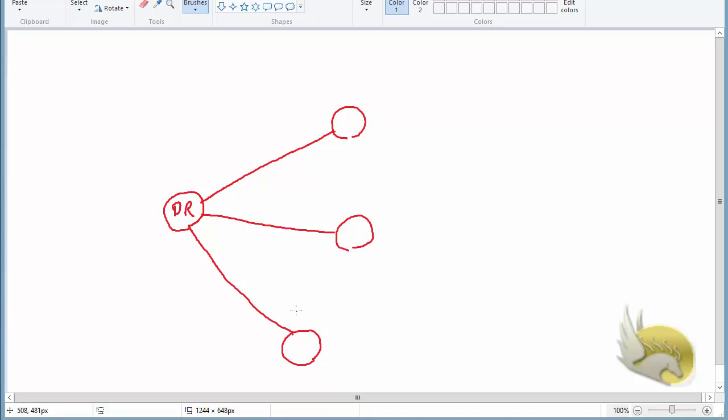If I want to stop these routers from competing for becoming a designated router, I need to go to the configuration of this interface and make sure that priority is 0. When priority is 0, even if I have the highest router ID in this router, it is not willing to participate in the election. So it is not going to be the designated router.